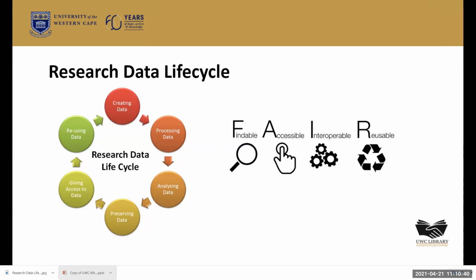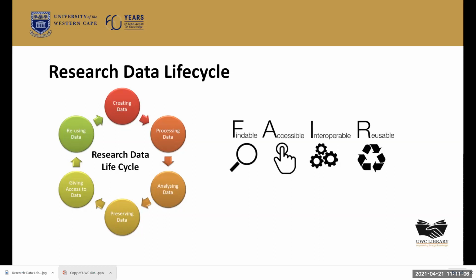In fact, it is the core of the research lifecycle in terms of making data available to further research. So the data lifecycle is one of the things that underpins the policy. On the right, we have something called the FAIR data principles.